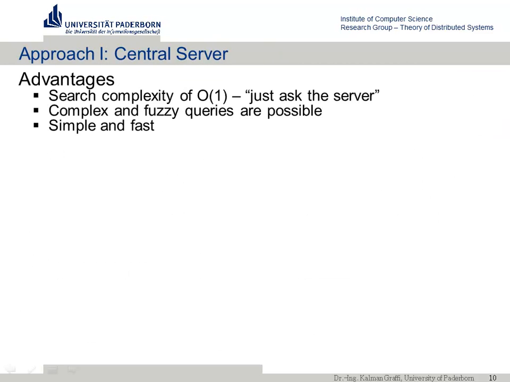Okay, so advantages. It's very fast, you just ask the server. You can have very complex and fuzzy queries because you have all the information, all the index, at one position, and it's simple and fast. And this indexing information, if you just think of some large movie files, is typically not so much.